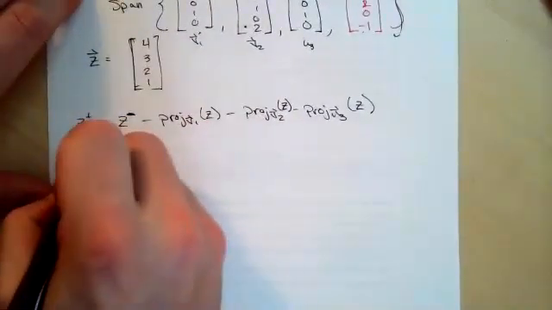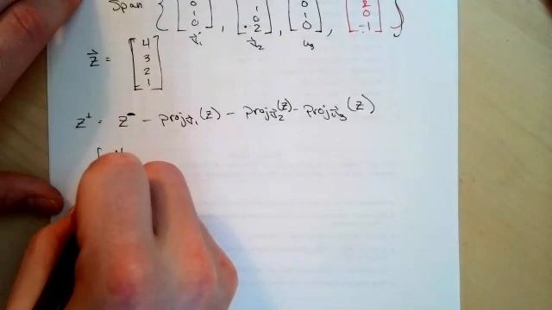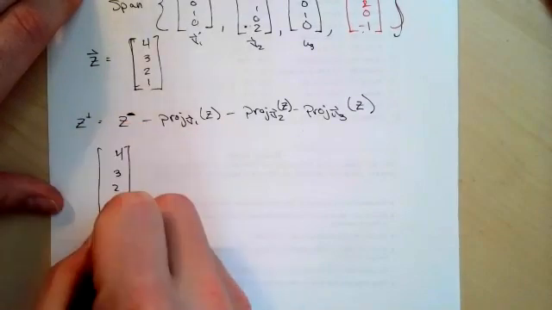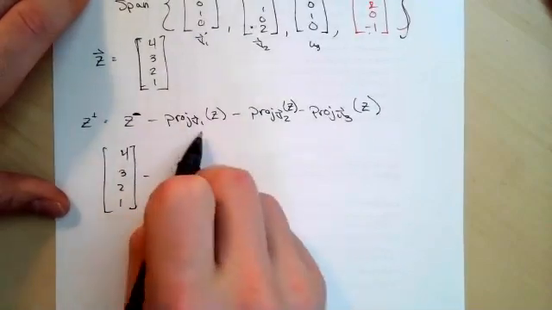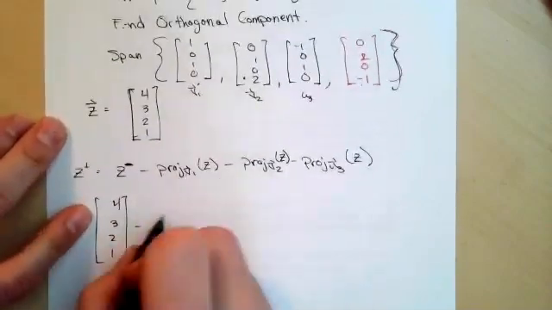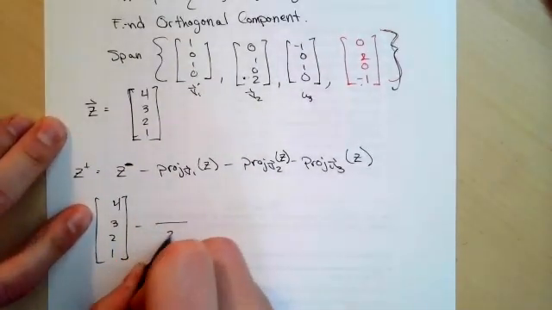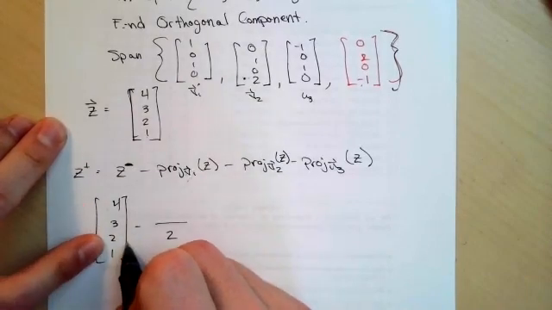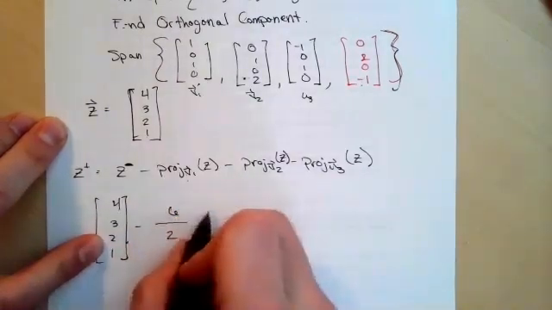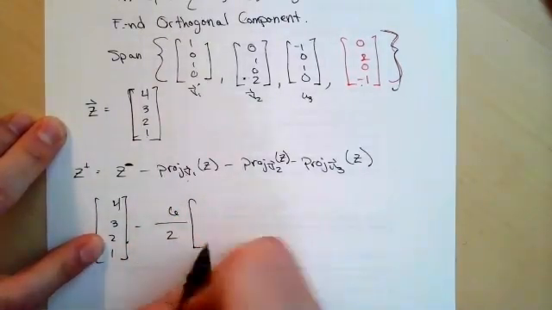So what are we going to get? 4, 3, 2, 1 minus our dot product. Let's go ahead and just compute everything. Our norm of V1 was 2. The dot product of V1 with this guy is going to be 6, in the direction of V1.